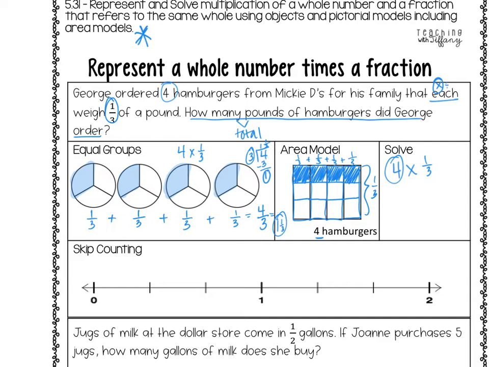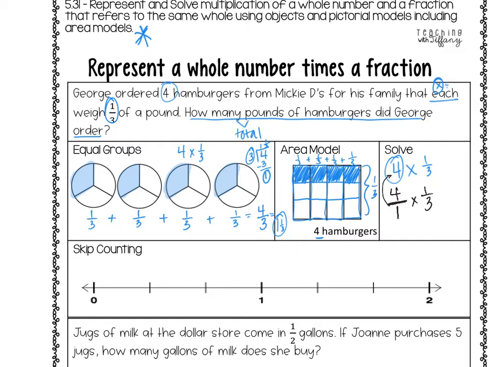In order to turn my whole number into a fraction, all I'm going to do is put it over 1. Because we know that the fraction bar tells us to divide. So it would be like we're saying 4 divided by 1. And we know that 4 divided by 1 still equals 4. So the number does not change. It's still 4. So we have 4 over 1 times 1/3.